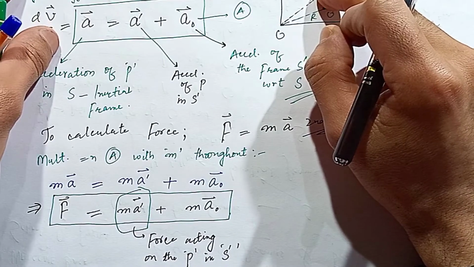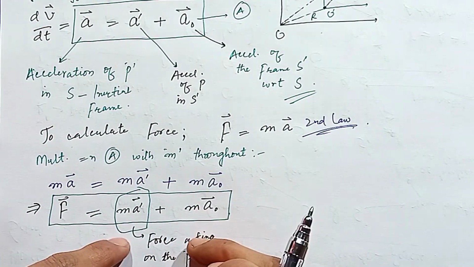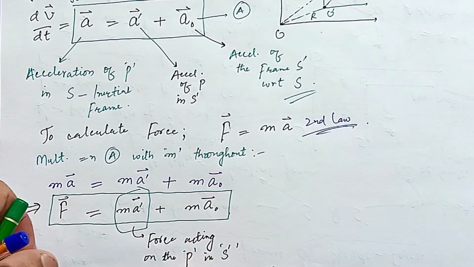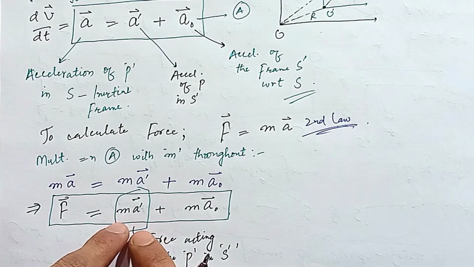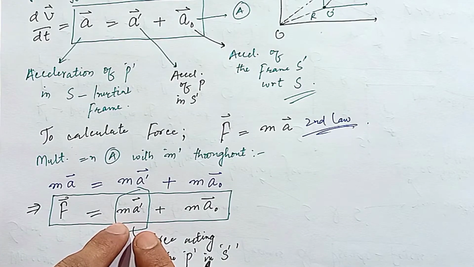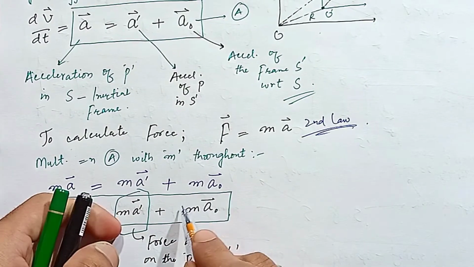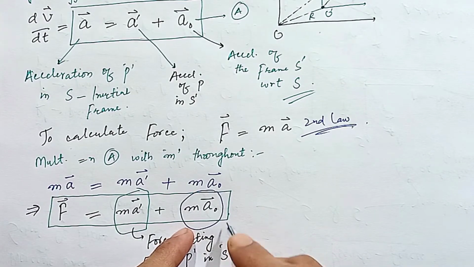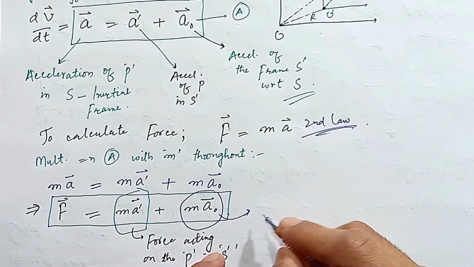So if we have to apply the second law of motion on this particle in the frame of reference S prime, we need to notice that this gives the force, but this is not all, there is an additional term, this m a naught, and this is also a force.